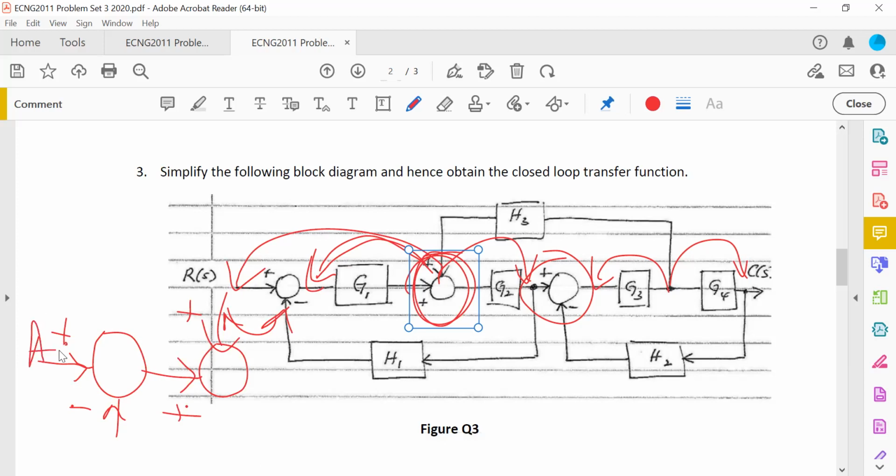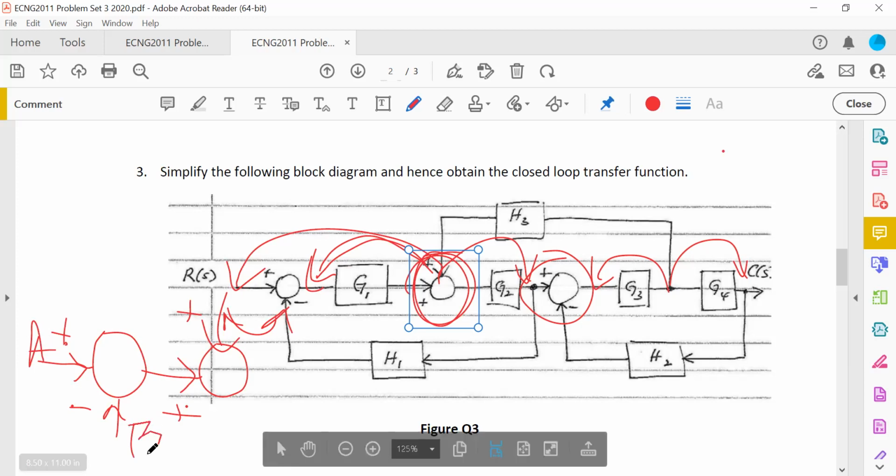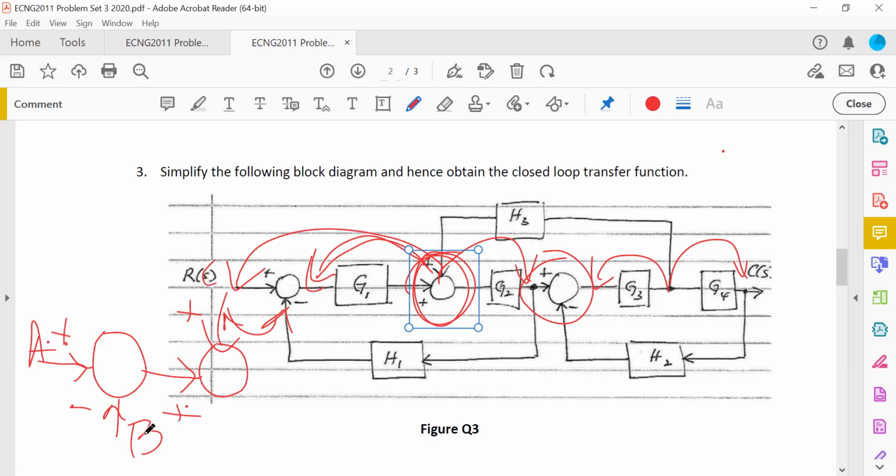So if this was A, B, and C coming in, A minus B plus C is the same as A plus C minus B. Yeah?